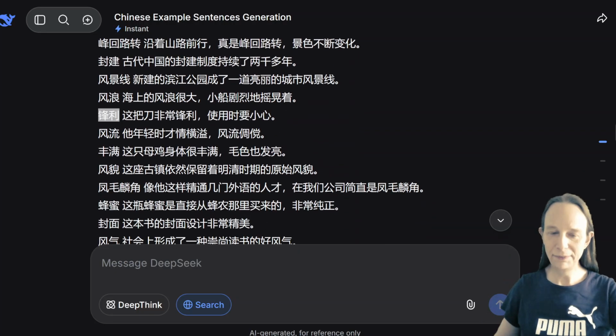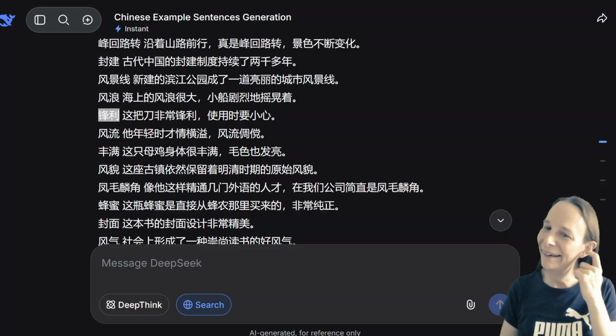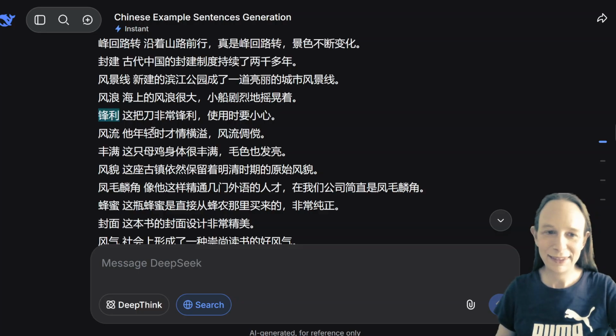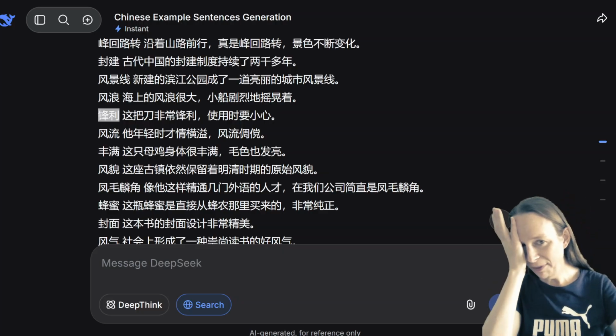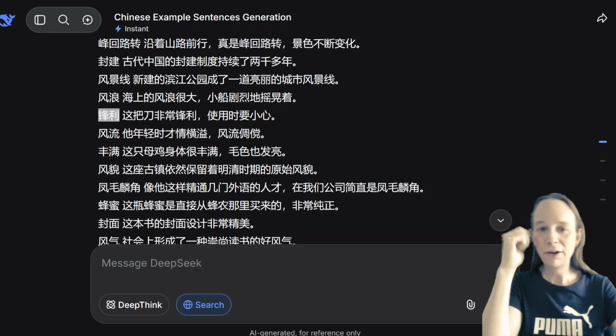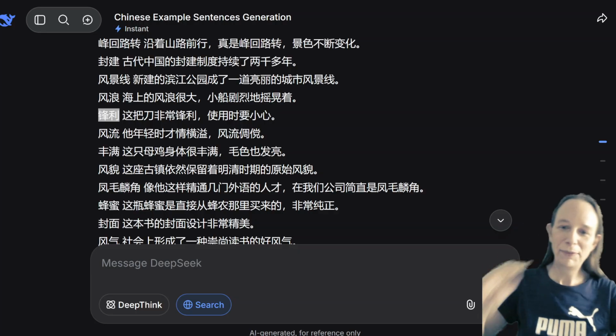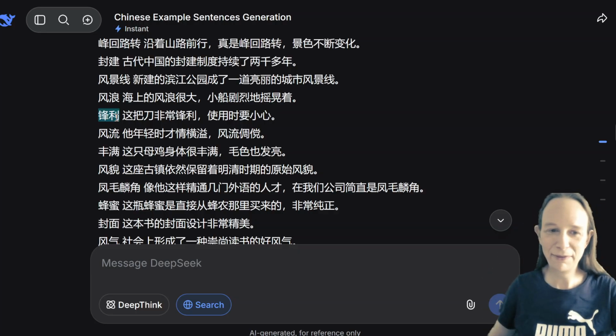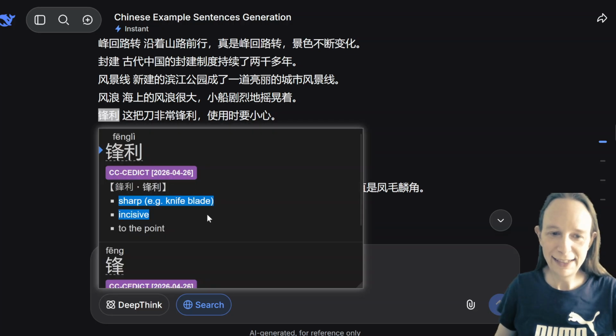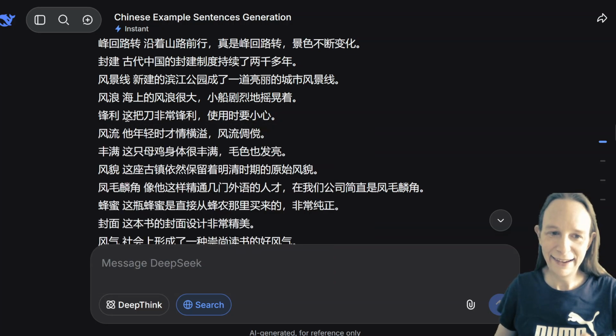This 锋 pertains to things that are sharp. 锋利, sharp. So it can describe a knife, but it can also describe your... no. Before I continue that sentence, let's rethink. 锋利, incisive. Okay. 这把刀非常锋利，使用时要小心.